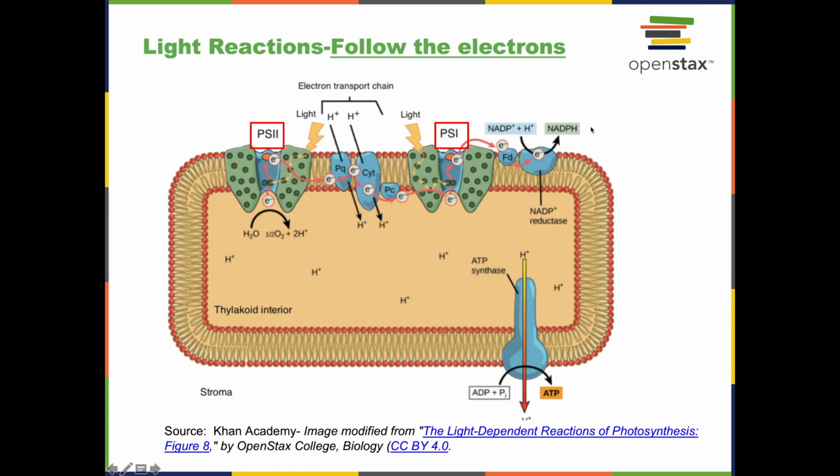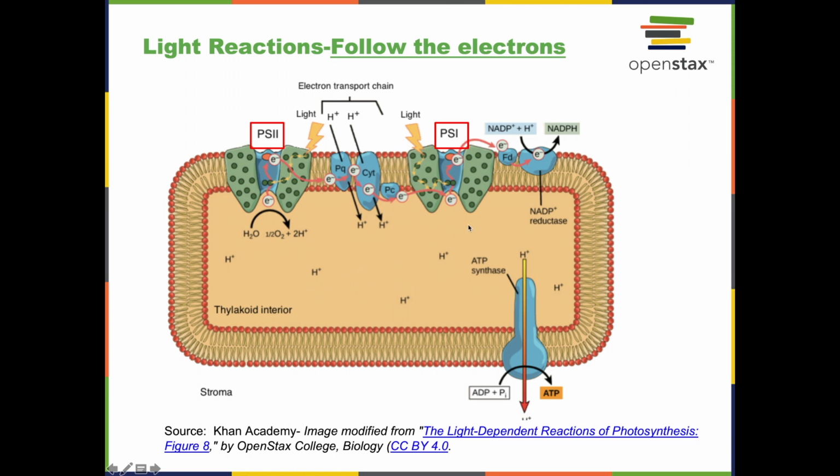Okay, so we've made some NADPH. How do we make ATP? Again, similar to cellular respiration, we've got an ATP synthase that takes advantage of the buildup of hydrogen ions in here. It is also a channel, so it's just like the protein pump that you saw for cellular respiration.